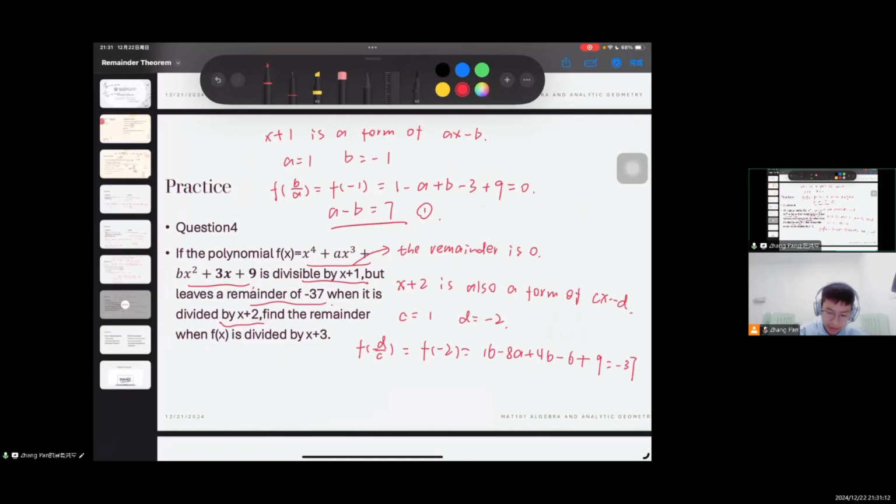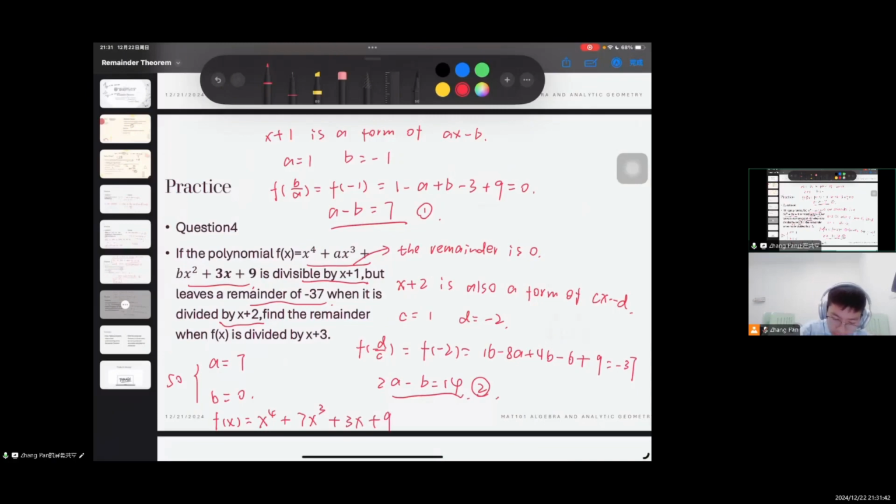So in this case, we can get 2a minus b equals 14. We have two equations and two unknowns, so we can get that a equals 7 and b equals 0. So f(x) equals x to the 4th plus 7x cubed plus 3x plus 9.